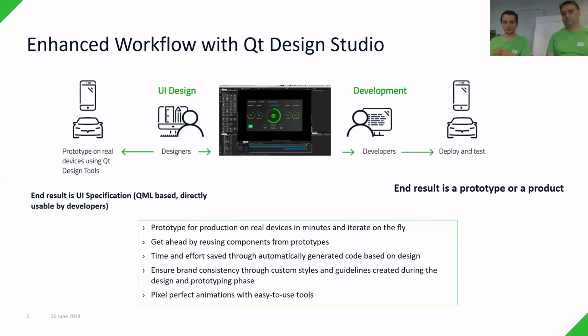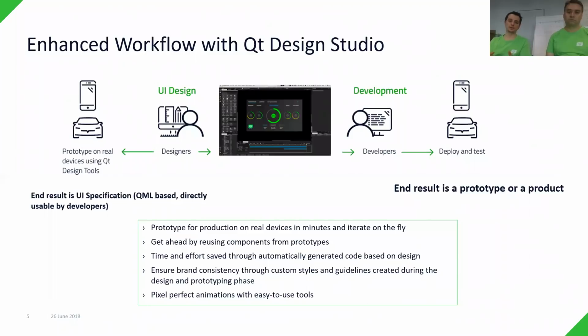As Thomas will, of course, show how easy that is to implement. So here, what is important is that the Design Studio, together with Qt, and particularly with the QML language, which is our language for designing and declaring user interfaces, designers are able to communicate their vision to the development team. And that makes it easy.